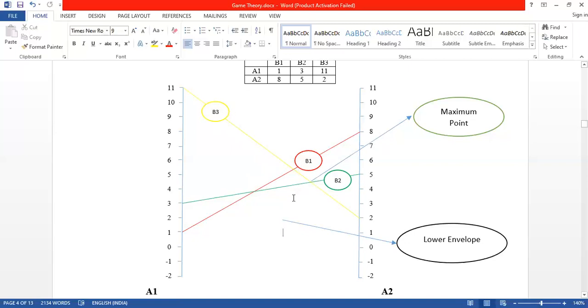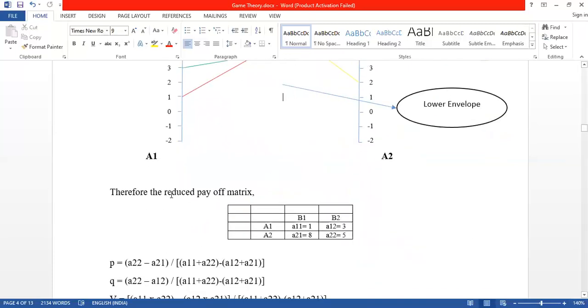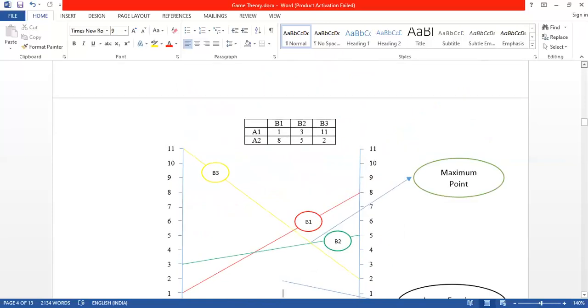So for drawing the solution, we don't require B1, right? That is why we have reduced the matrix. Therefore, the reduced payoff matrix is A1, A2 and B1, B2. Just a minute. It should not be.